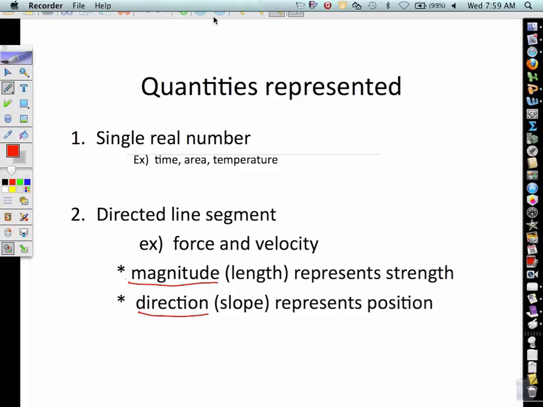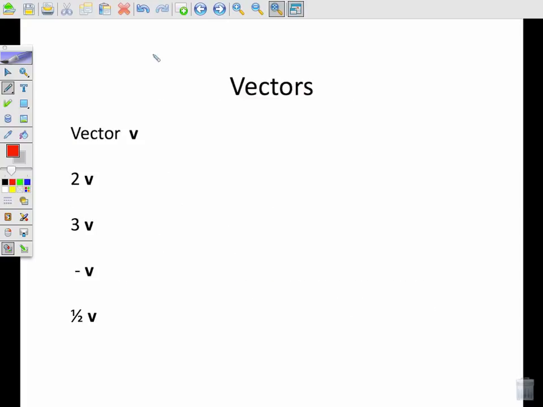All right, so let's go ahead and continue with vectors here. This is not in your packet, but I just wanted to show you a couple things with vectors. If I've got a vector, let's say it's just right here, this is vector v.